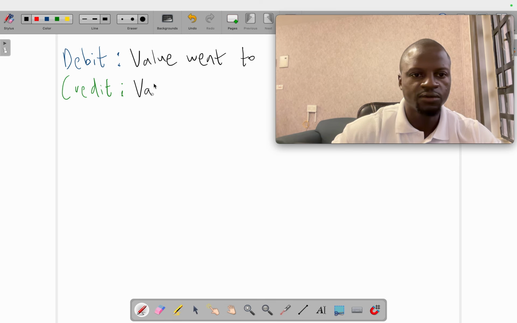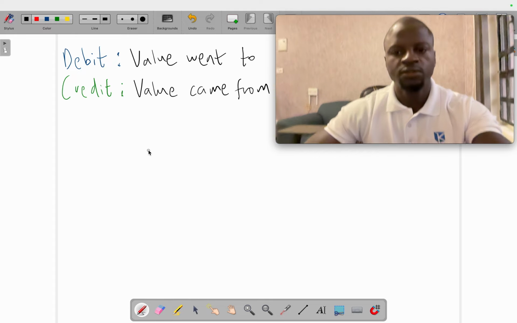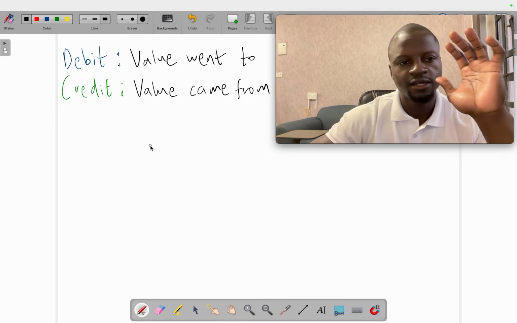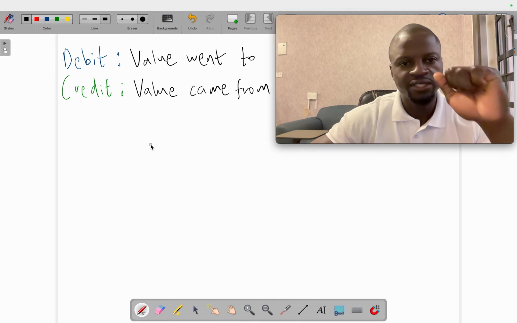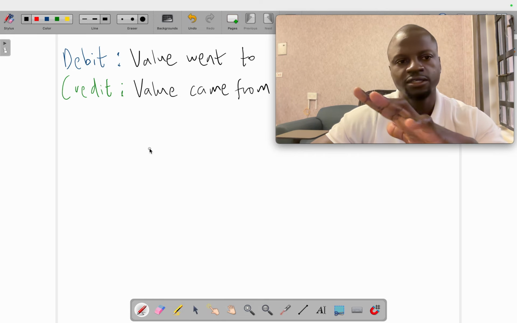This is where value came from. Simply. So those two aspects of a record are identified by debit and credit. So a complete record has where the value came from and where the value went to. That's it. That's why we have debit and credit.